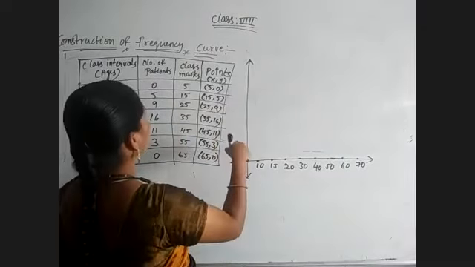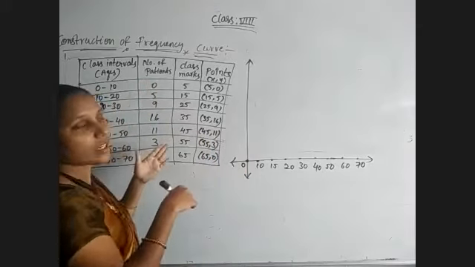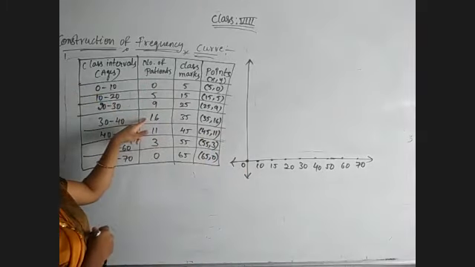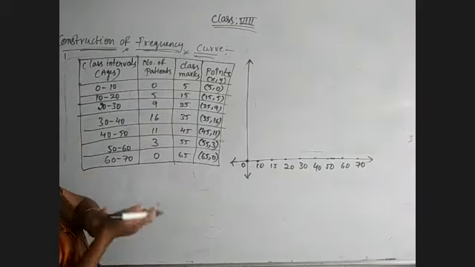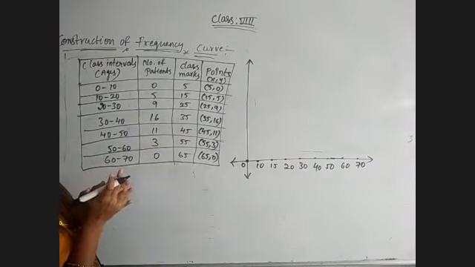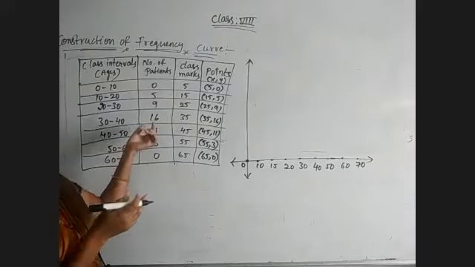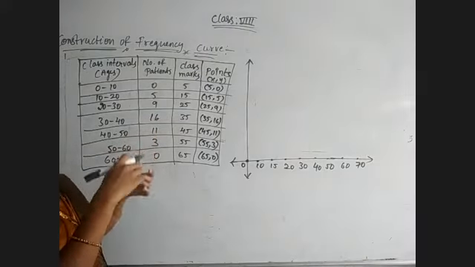Next, on the y-axis, we have to indicate the frequency. Here the highest frequency is 16. Which value will be suitable? Most of the numbers are even, and 16 is an even number, so take a smaller number only.